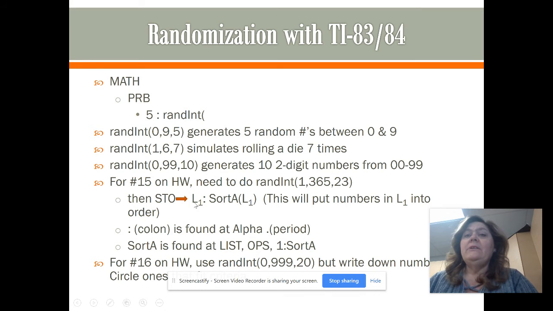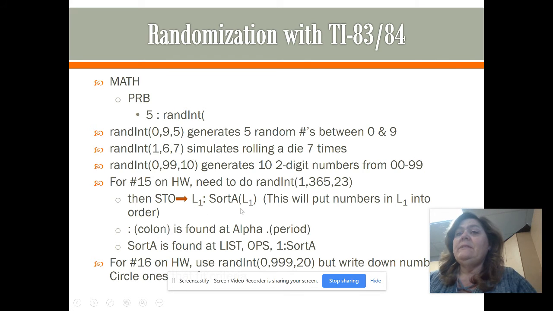Okay. I just put here in the notes for 15 and 16 on your homework. You will see that you're going to need to run, it's about dates of the year for birthdays, I believe it is. You're going to roll 1 to 365 for the days of the year, and they need 23 random numbers. And it's okay if there's repeats. So then what you do is you go to say, store this into list 1.